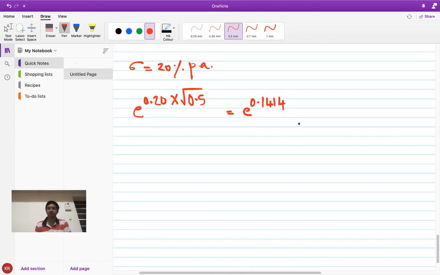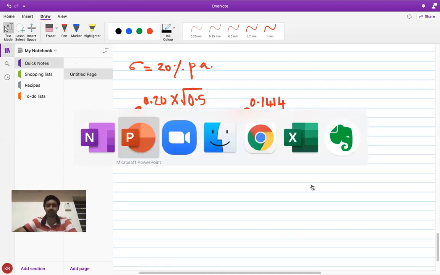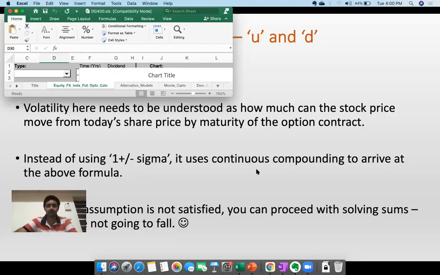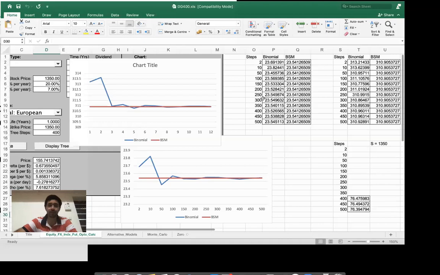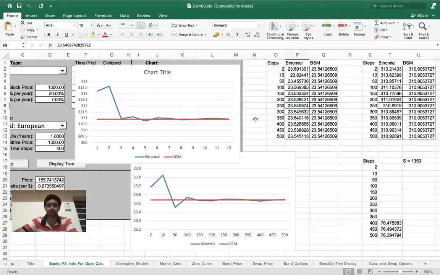For those doing CFA and FRM, you can straight away use your calculator's e power x function to get what e power 0.1414 is. For the CA students, you are generally given a table, or the formula for e power any number.